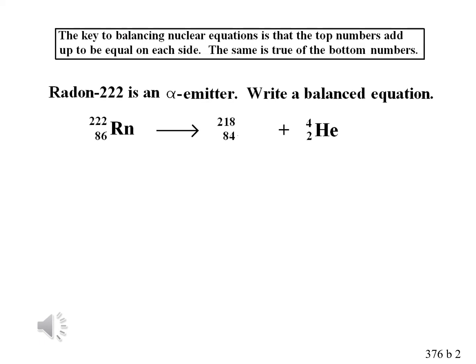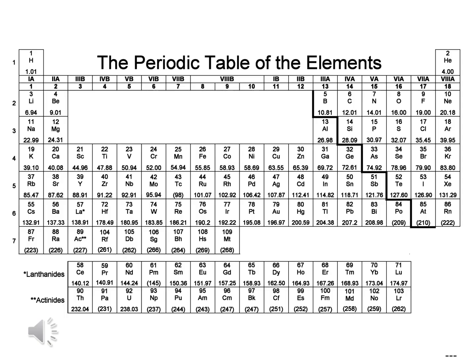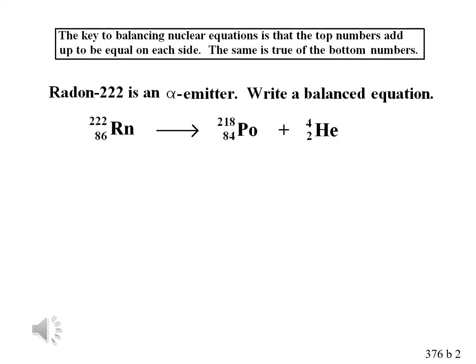So once you decide that, you have to look in the periodic table and say, what element is 84? And if you look closely, you can see that that element is polonium, Po. One reason I like this equation is because polonium is a very famous isotope because it was the very first radioactive isotope ever discovered.